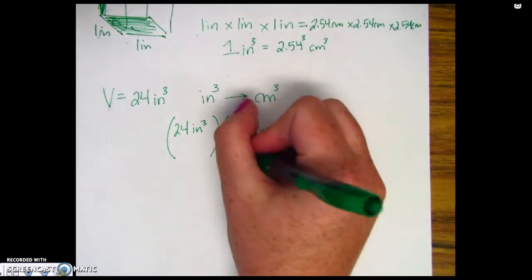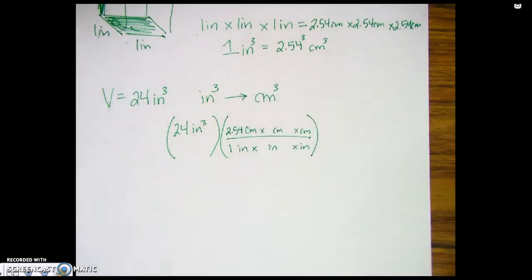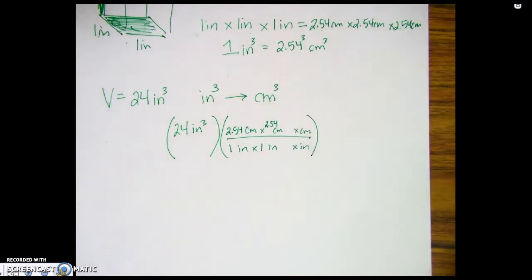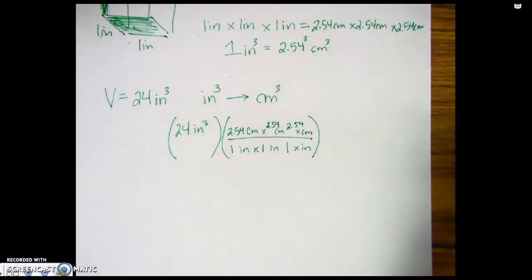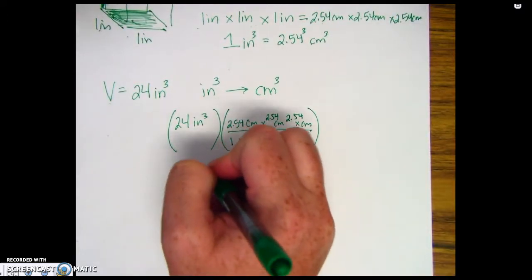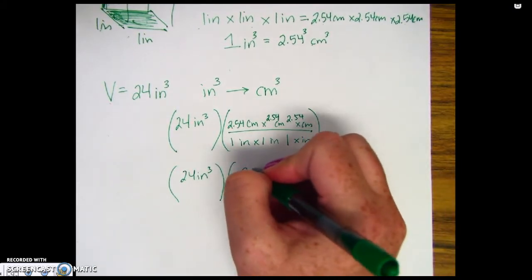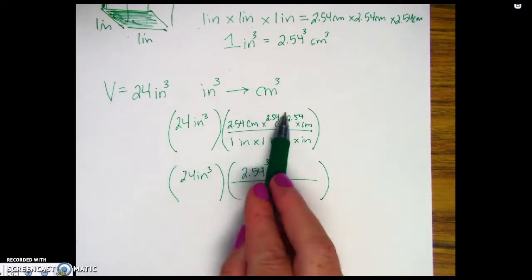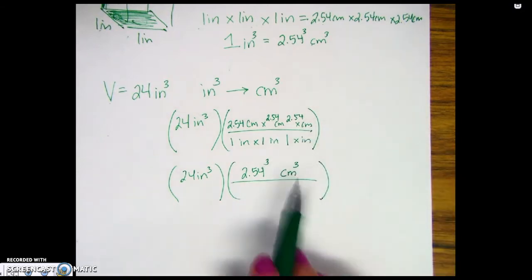I know that there's 1 inch per 2.54 centimeters. Again, there's 1 inch for every 2.54 centimeters. So what this turns out to be is 24 inches cubed times 2.54 cubed, multiplied 3 times, centimeters cubed.